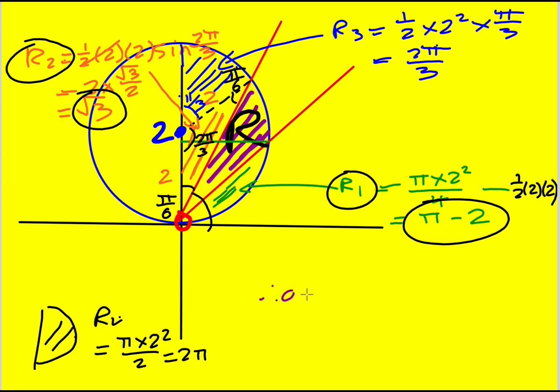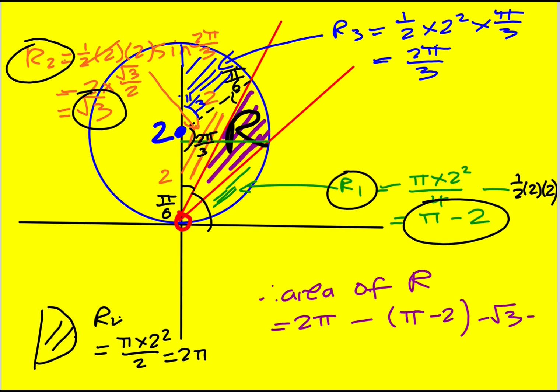And therefore the area, because technically, sorry, R is actually a region, the area of capital R is going to be our semicircle. And then I'm going to minus that little green segment, put that in a bracket. And then I'm going to minus the triangle. And then I'm going to minus that blue sector.